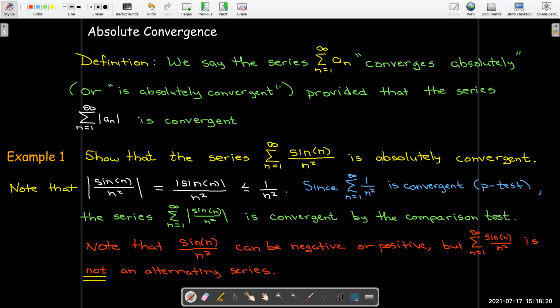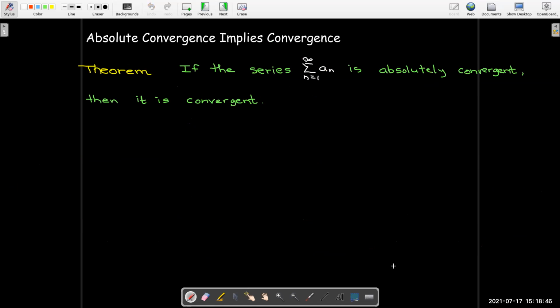And even if that were the case, I think you get 3 positive terms, followed by 3 negative terms, but they don't satisfy the other conditions for the alternating series test. So we couldn't use the alternating series test, but we can show that the series is absolutely convergent. Well, does that mean that it's also convergent?